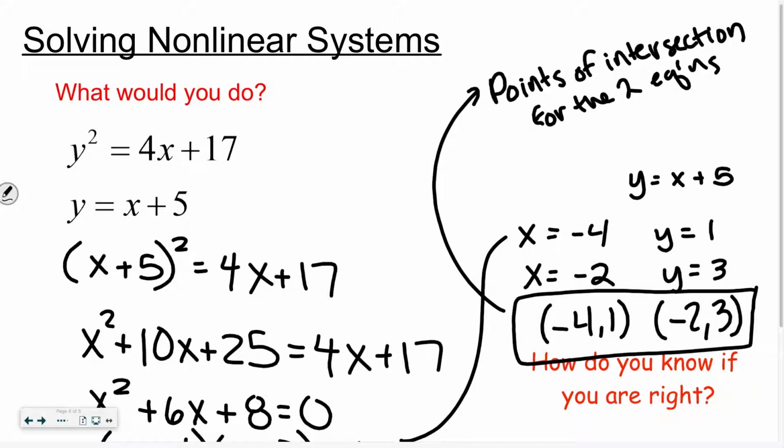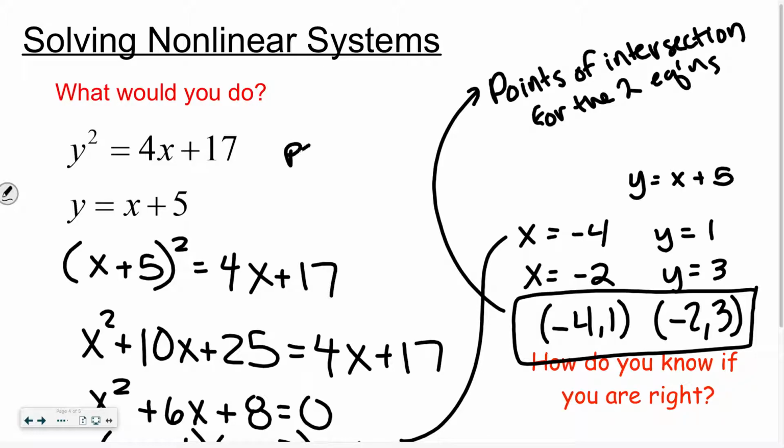Usually, back with linear systems, there were just 2 lines. So lines could cross 1 time if they were making an x. They could cross 0 times if they were parallel. They could cross infinitely many times if they were the same line. But now we have 2 graphs that are intersecting 2 times. What shape is this graph going to be?